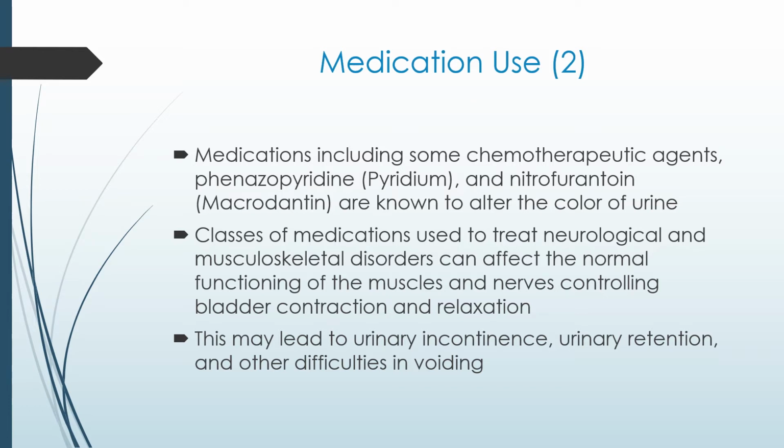Classes of medications that are used to treat neurological and musculoskeletal disorders can affect the normal functioning of the muscles and the nerves controlling bladder contraction and then relaxation. So this can lead to urinary incontinence, urinary retention, and then other difficulties in voiding. So one of the reasons for urinary incontinence, if you're talking to a client, may not be their age.